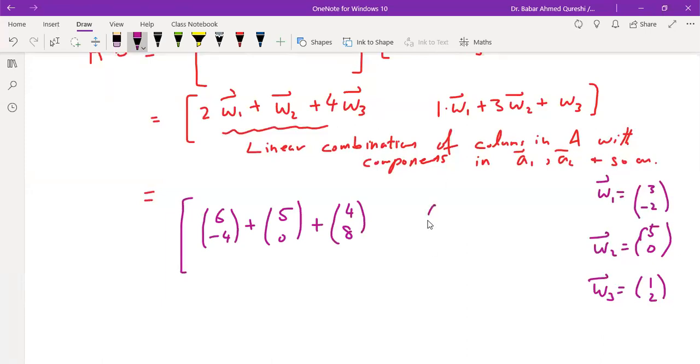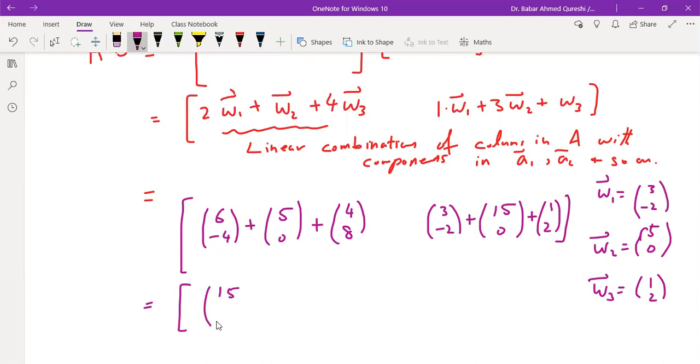And over here, you have 6, not 6, sorry. W1 this time is just sitting alone. 3, minus 2, plus 15, 0, plus 1, 2. So then you add these. So 15 and 8.